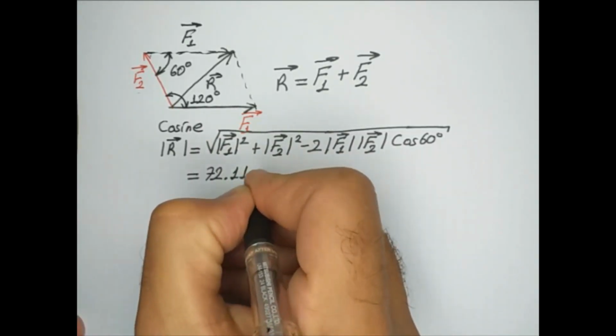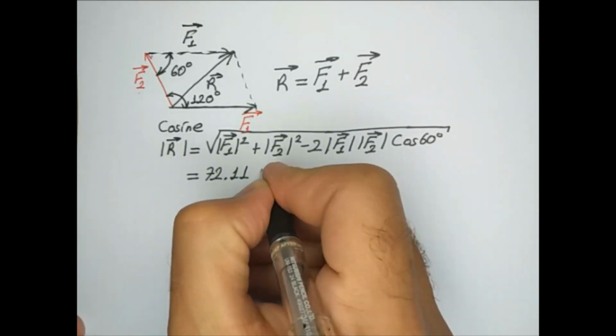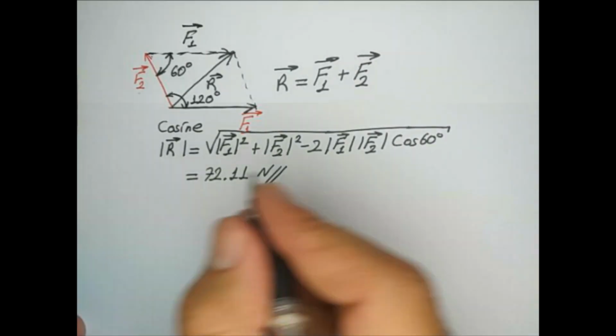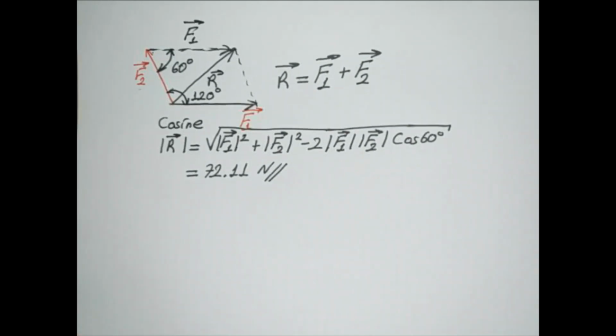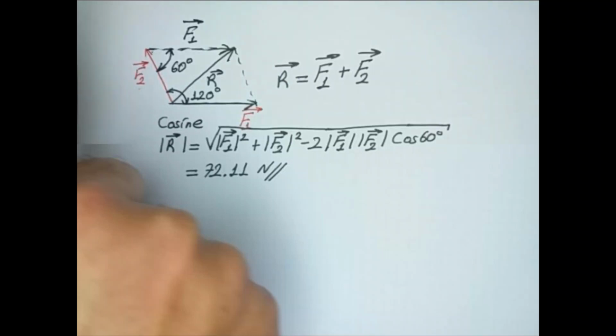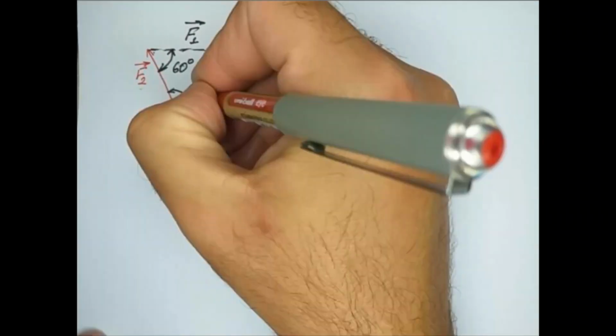Okay, now let's calculate the angle that it makes with respect to the x-axis. So this is what is asked of me. This angle. Now I will use the sine theorem for this. In fact, I want to calculate this angle. Therefore, this angle is equal to this angle, and let's say that this is theta.